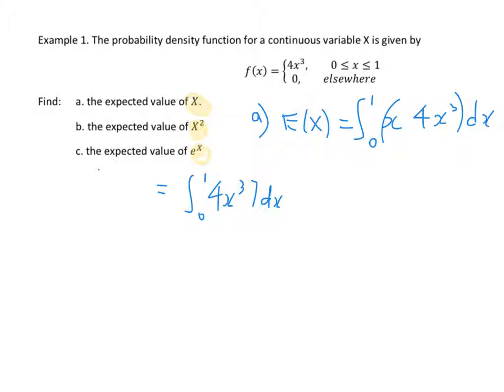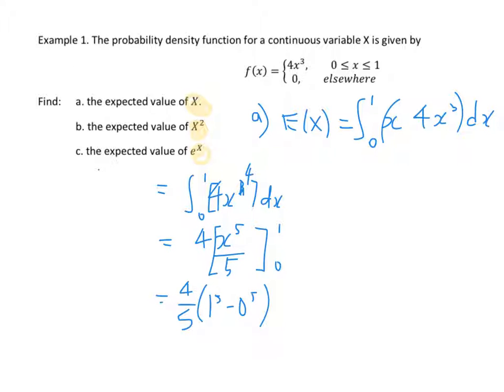Sorry, that should be x to the power of 4 dx. And if you integrate that, you get x to the power of 5 over 5 from 0 to 1. I can take out the common factors, 4/5, giving me 1 to the power of 5 minus 0 to the power of 5, giving me an answer of 4/5.